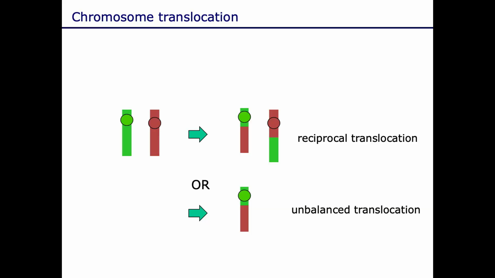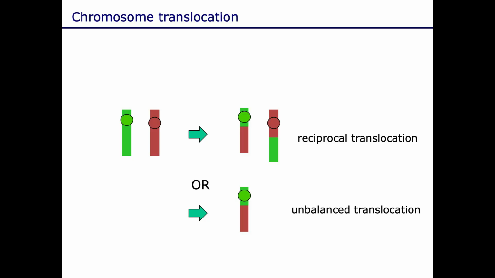Then there are structural changes in chromosomes, of which the best known are the translocations. And there are 2 main kinds of translocation, the reciprocal translocation or the unbalanced translocation, illustrated here. In a reciprocal translocation, 2 bits of chromosome are swapped over between chromosomes, and this reciprocal rearrangement can be exactly perfect, so that the 2 bits add up to the 2 complete chromosomes, or there can be some gains or losses at the translocation breakpoints.